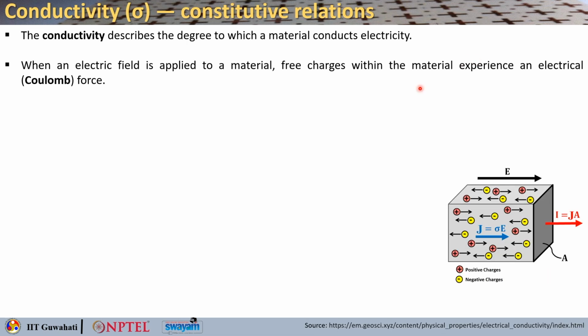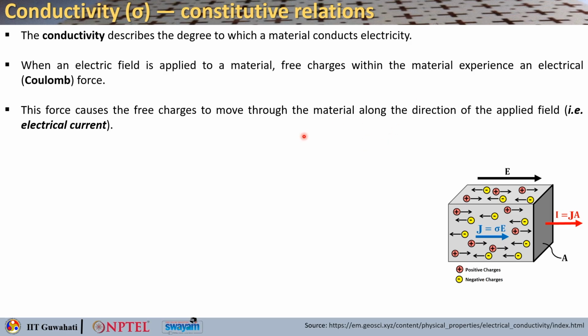And then the last one in this constitutive relationship, an important parameter, is conductivity, that gives you the degree to which the material conducts electricity. So when an electric field is applied to the material, free charges within the material will experience an electrical, or you can say Coulomb, force, and this force will cause the free charges to move through the material along the direction of the applied field, that is electrical current.